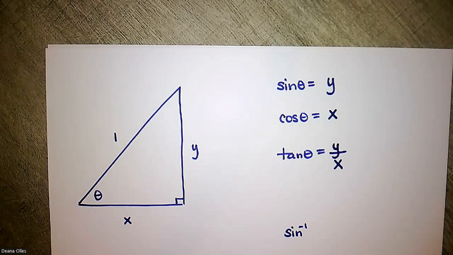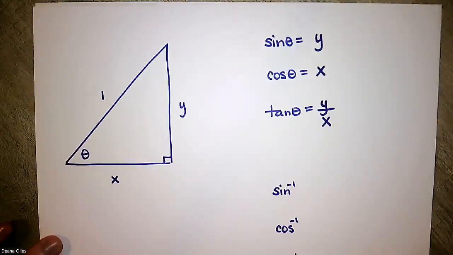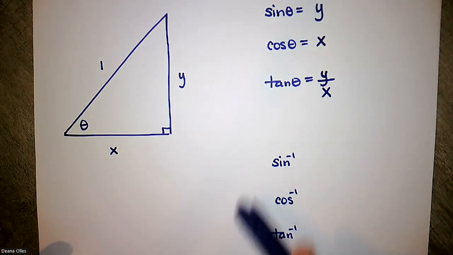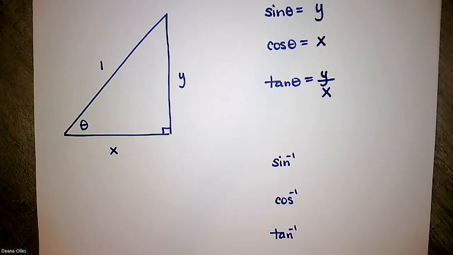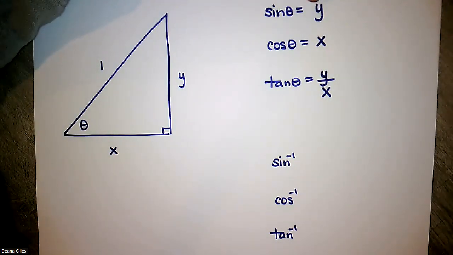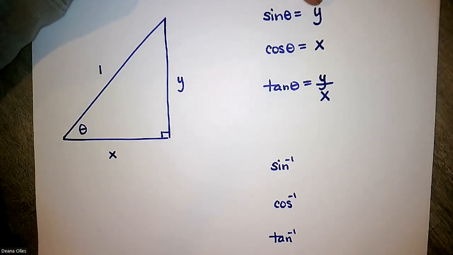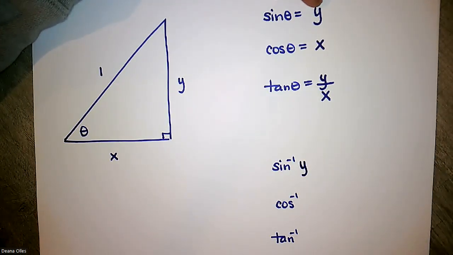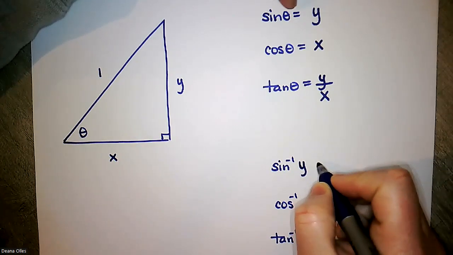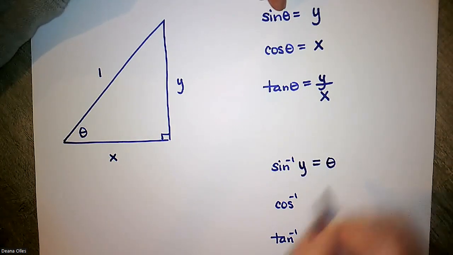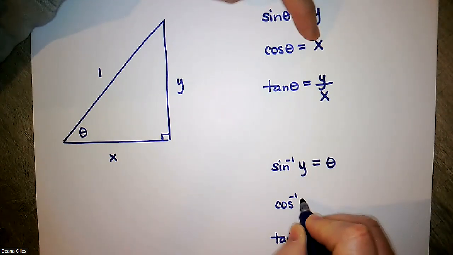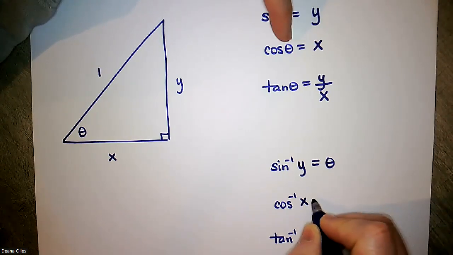But now what I want to do is look at how I can write these relationships in terms of the inverse trigonometric functions. I've started talking about them here, but I haven't actually finished writing them. So let's say I want the inverse sine of y. That would be equal to theta. If I wanted the inverse cosine of x, that would also be theta.